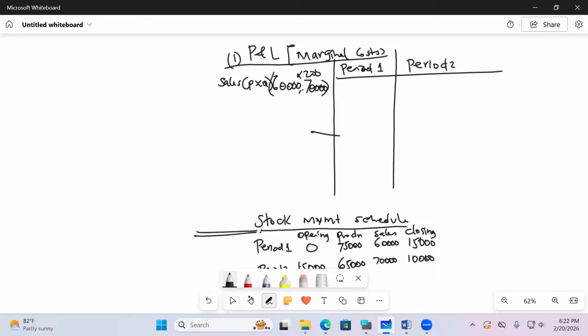It will be 60,000 times 200, which gives you what figure here? 12 million. How about sales for period 2? Each unit in the 2 periods will be going for 200, and I'm going to sell 70,000. So 70,000 times 200 gives me what figure? 14 million. Thank you so much.